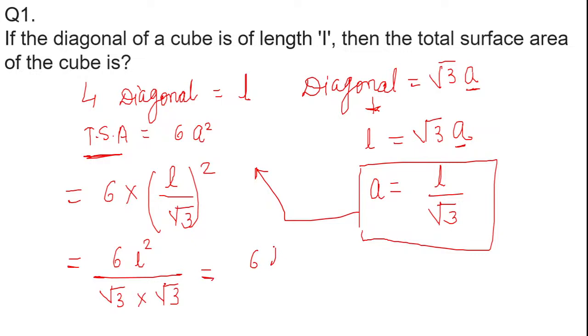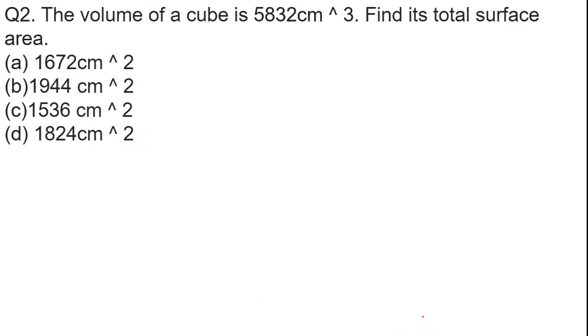This gives me 6L square divided by 3. 3 2s are 6. So 2L square is the answer to your question. The total surface area of the cube with diagonal of length L is 2L square. Got it? Moving on to the next question.